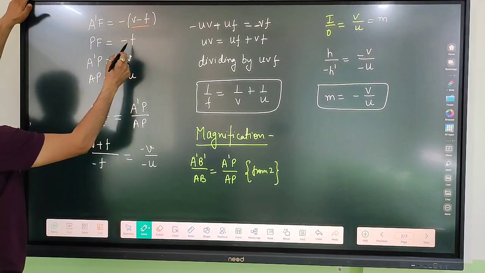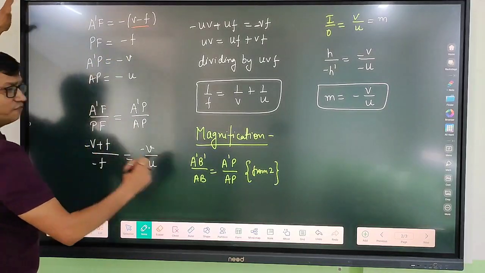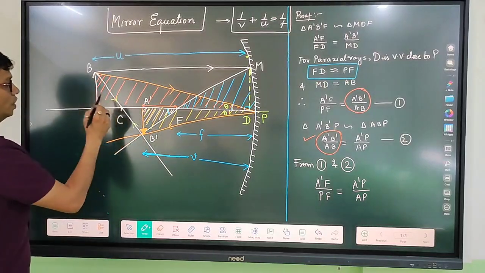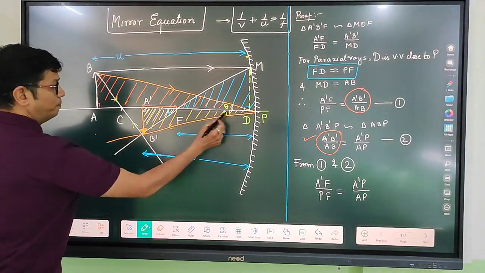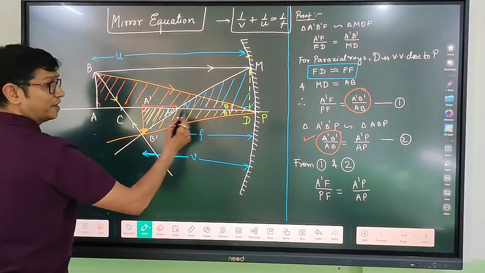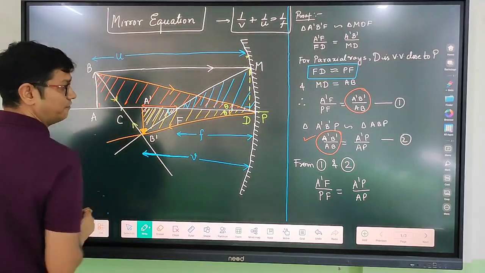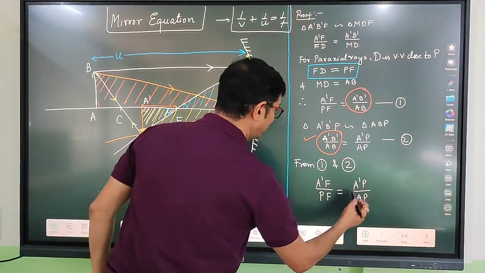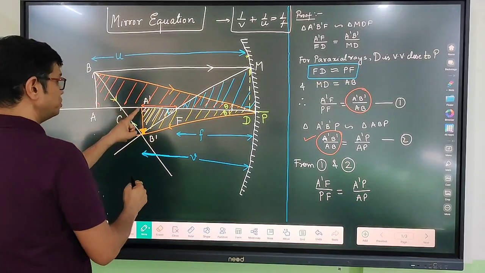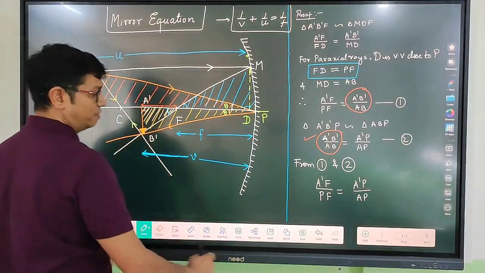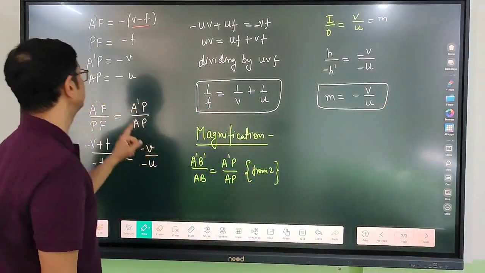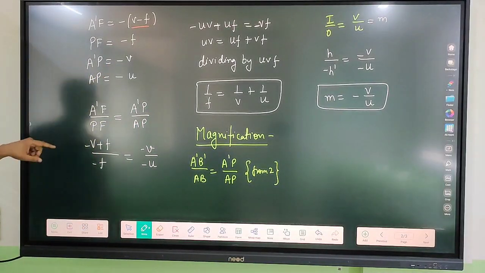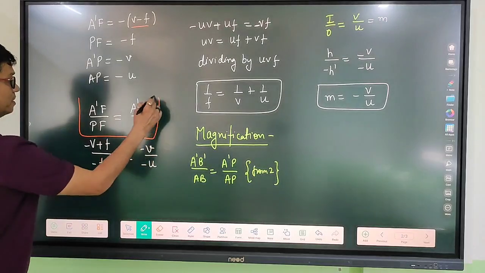Similarly, PF is the focal length, and I'm taking this as minus F because it is towards the left hand side. What about A dash P? This is nothing but V, but this will be taken as minus V again, and AP would be minus U.